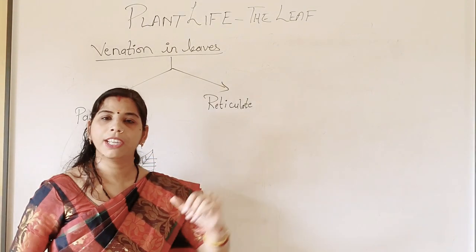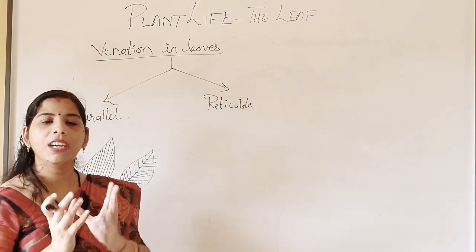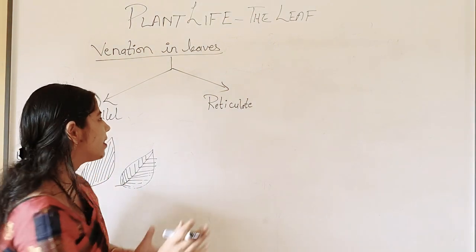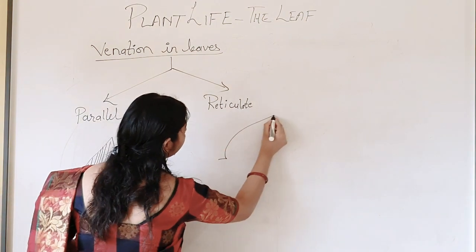But in reticulate venation, what happened? The veins and veinlets form a net-like structure. They form a complex structure which is like a net.